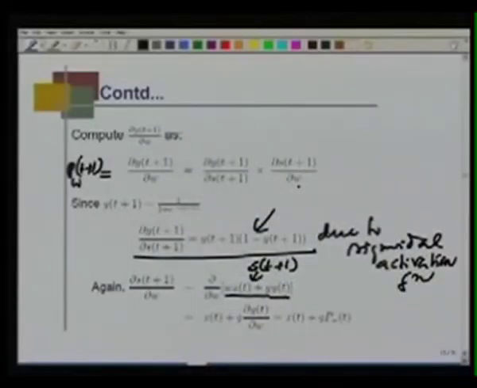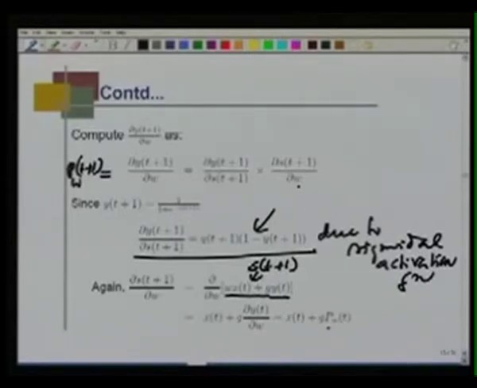Similarly, in g y_t, g is simply a weight, it is not a function of w. So, it is g del y_t upon del w. By definition, the first term is x_t plus g, and this one is P_w at t, the gradient information at time t.